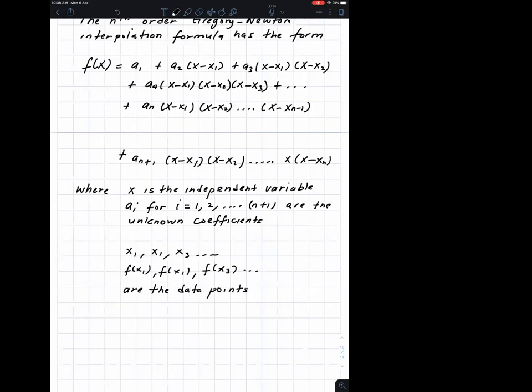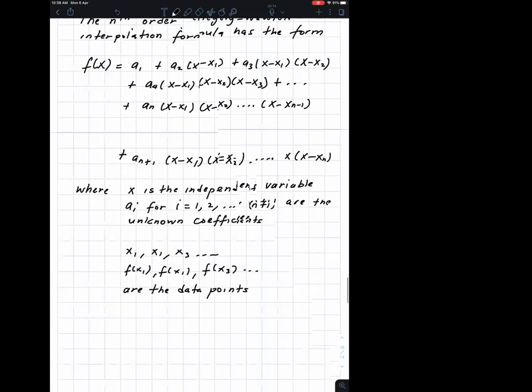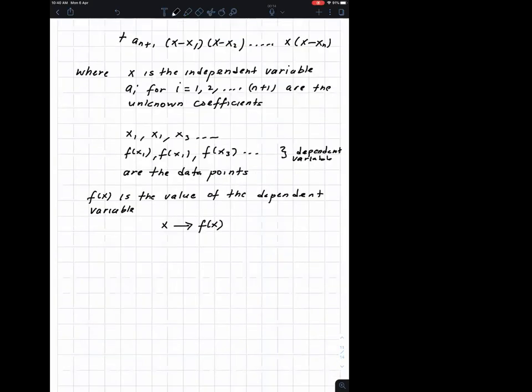So these are the data points usually given to you. And then you use the above formula, the Gregory-Newton interpolation formula, to come up with a polynomial. Any question? Okay. For xi, for data, you will get fxi.